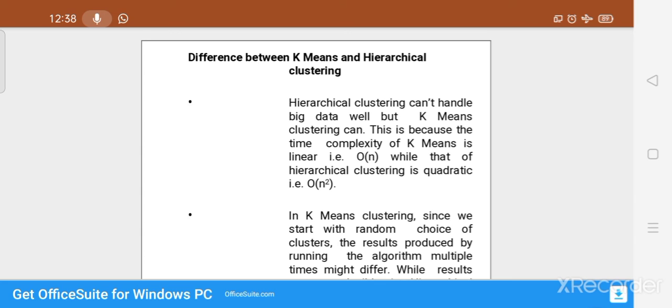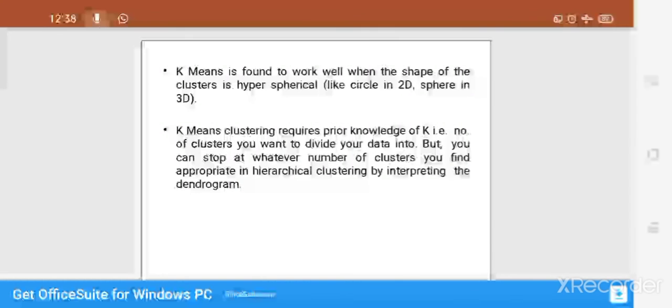This is because the complexity of k-means is linear, that is big O of n, while that of hierarchical is quadratic. Next, in k-means clustering, since we start with a random choice of clusters, the result produced by running the algorithm multiple times might differ, while the result of hierarchical clustering will not differ.